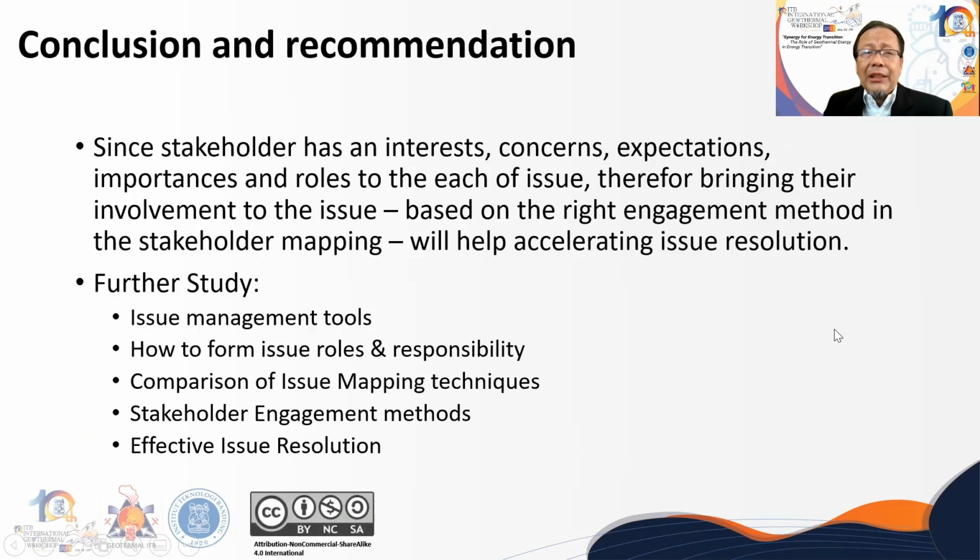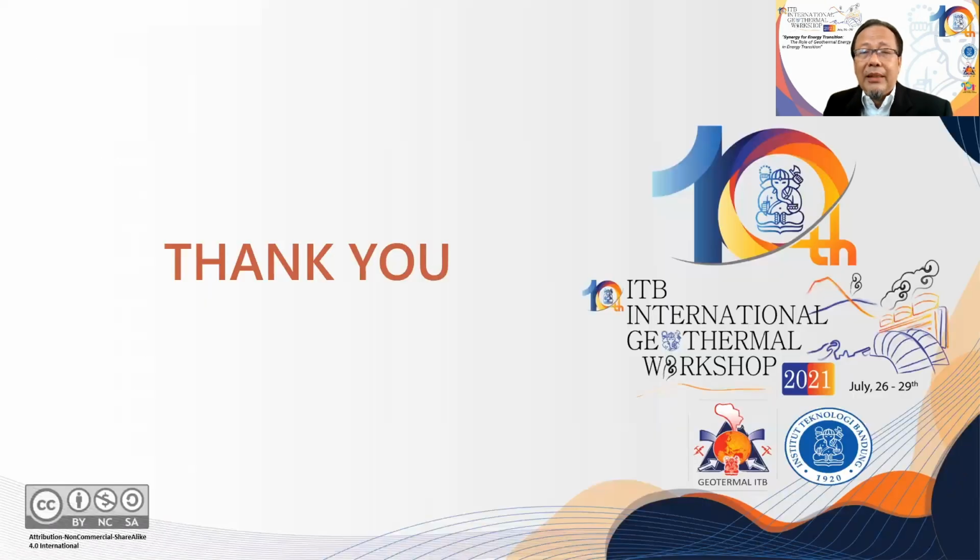And the conclusion is, since stakeholders have interest, concern, and expectation on each issue, bringing their involvement to the issue will help accelerate issue resolution. These are other studies that we need to go beyond this presentation. That's all my presentation. Thank you very much.